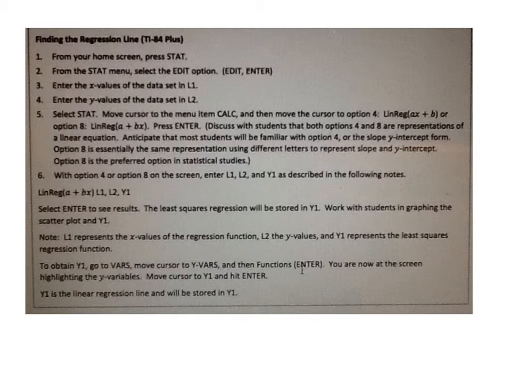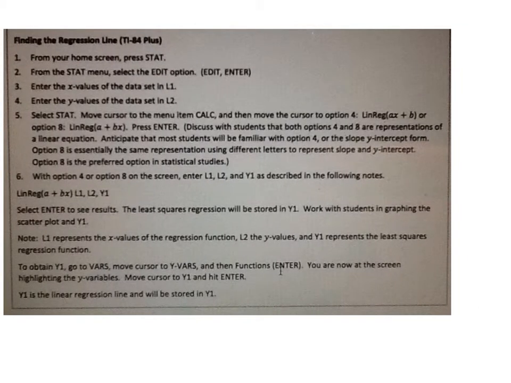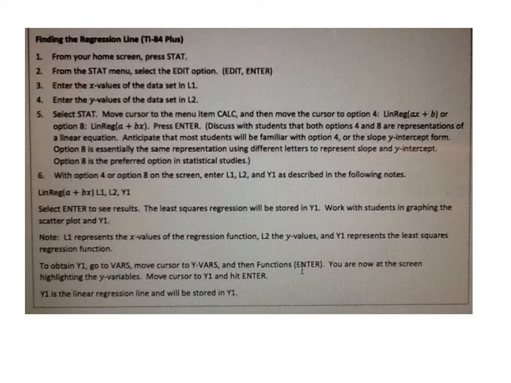But this is how you find the regression line, or the least squares line, or the line of best fit, any of those things. It's using that stat menu. We've already learned how to put things into your lists with the stat menu and the edit option, and then linear regression. Oops, sorry about that. We're going to do the linear regression option. Okay. And what else do I want to tell you on this page? All right, so yeah, we'll do this tomorrow in class.